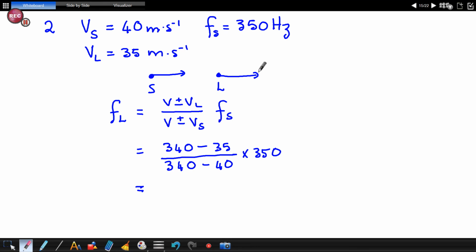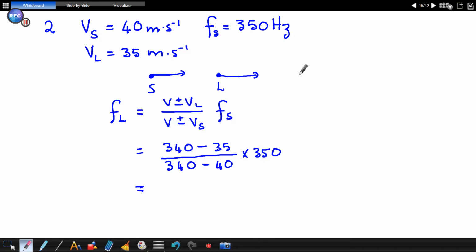Because the listener is running away or driving away from the source, the effect of that part is to decrease the frequency. So the numerator must be a minus. But the source is chasing after him, and the effect of that will be to increase the frequency.